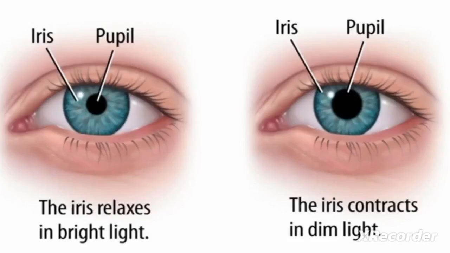Then the iris will dilate. When viewing the object in dim light, the pupil will dilate, and the iris will constrict.